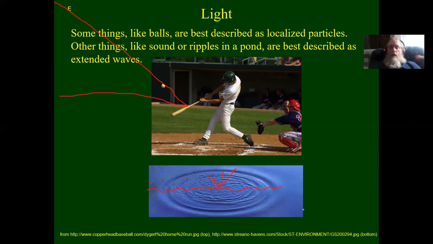Well, here we have a situation where you have some regions like right here where the water surface is depressed, other regions like right here and right here where it's raised. The very nature of this means we can't consider this disturbance just as a particle, and we have to consider it as an extended entity, in this case a wave. And so that's the point about the difference between them.